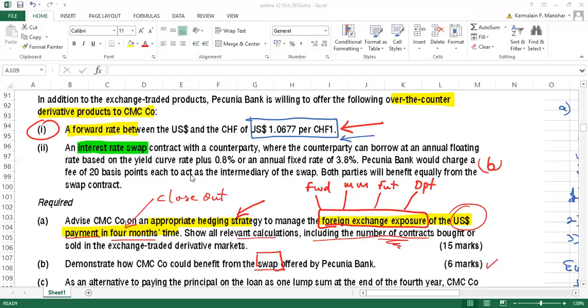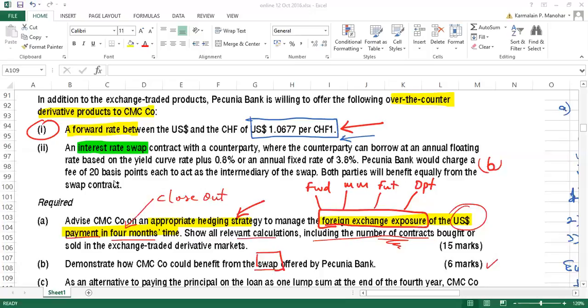Right here, from where we're reading. Come on, ladies. I know you can see that. Not CMC alone. Who else? 20 basis points each, to act as intermediary. So the total fee will not be 20 basis points by itself.